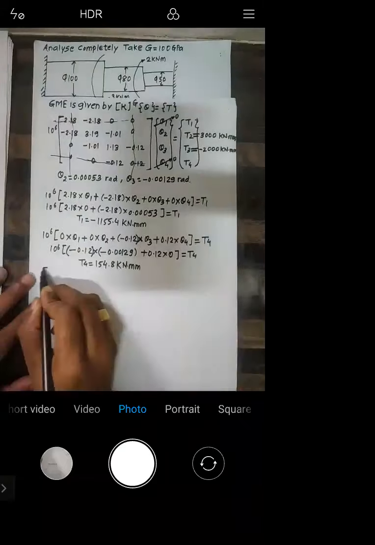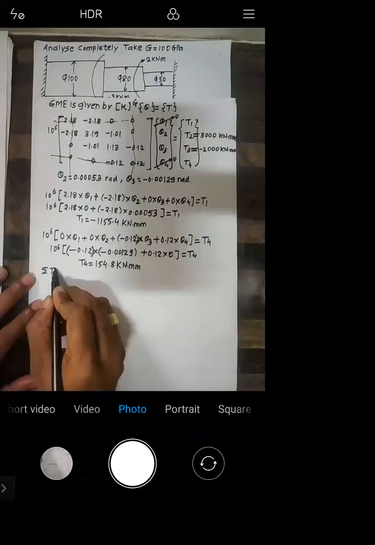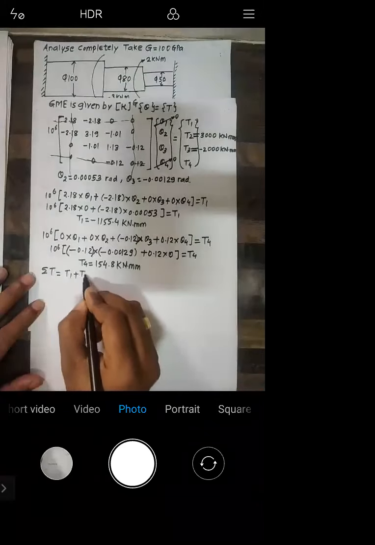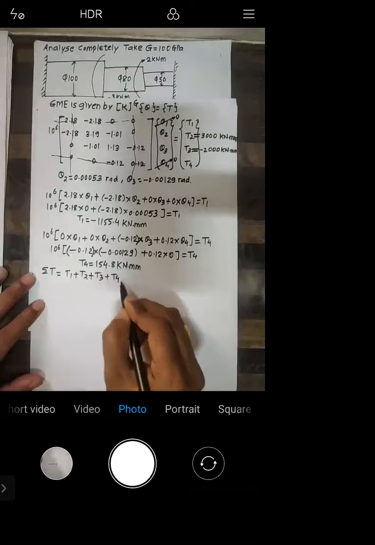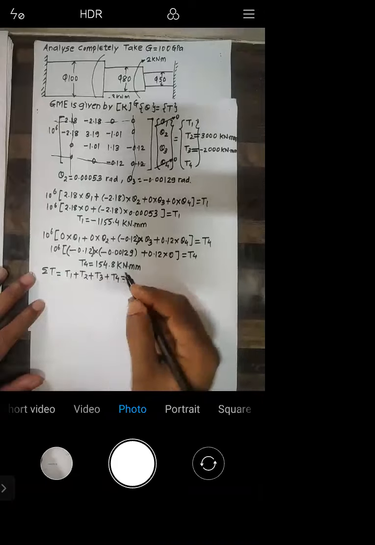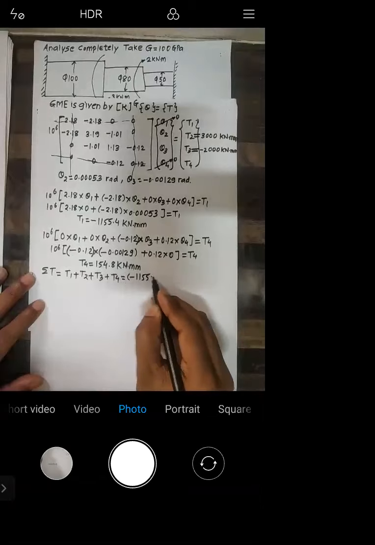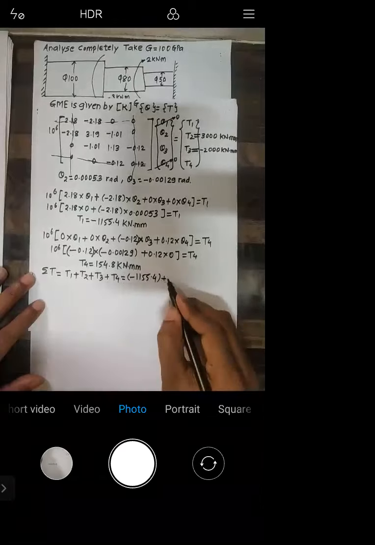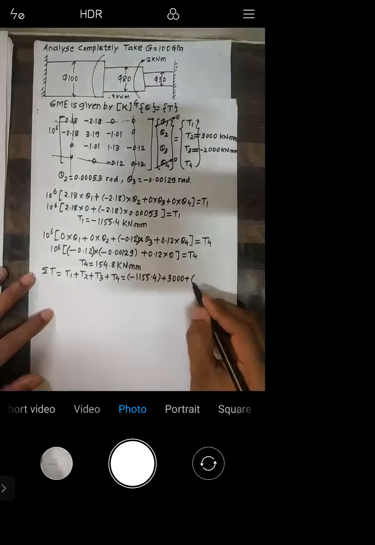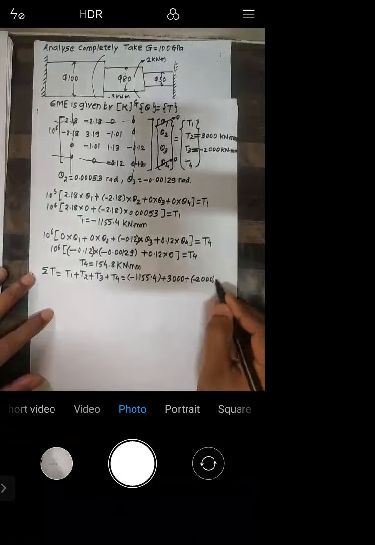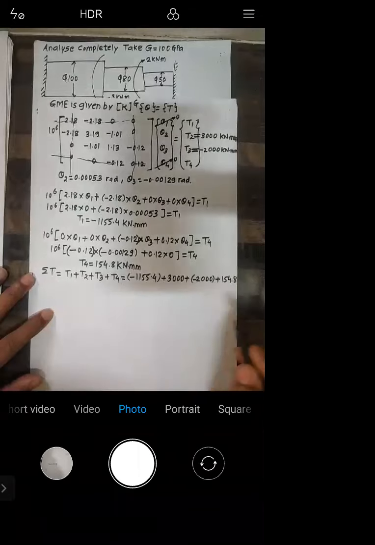Okay, so let's calculate the summation of torque. So T1 plus T2 plus T3 plus T4. T1 is minus 1155.4, plus T2 is 3000, plus T3 is minus 2000, plus T4 is 154.8, right?